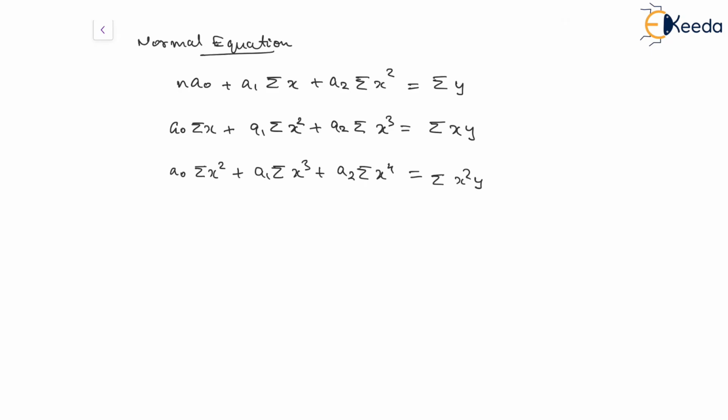So we can see that these are linear equations, three equations for three variables, a0, a1 and a2, and we can definitely solve these simultaneous equations in different manners.